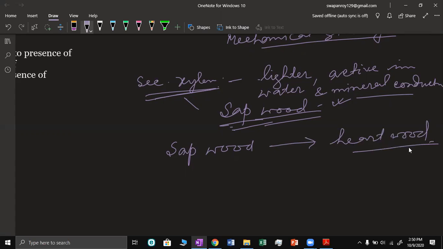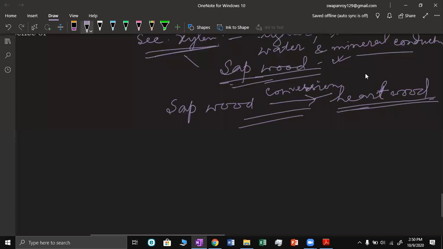So the older the tree, the more heartwood is there. Sapwood portion is not much, but it will always be towards the periphery.